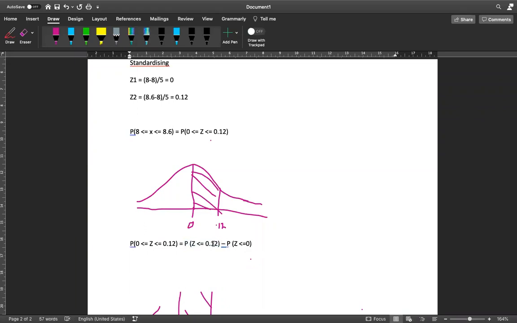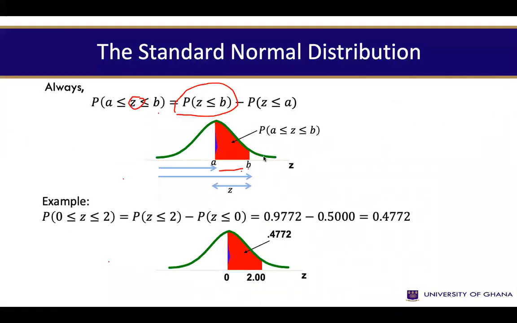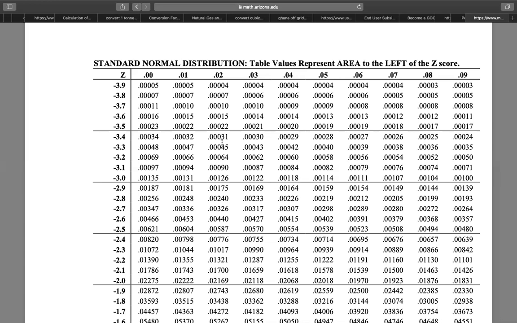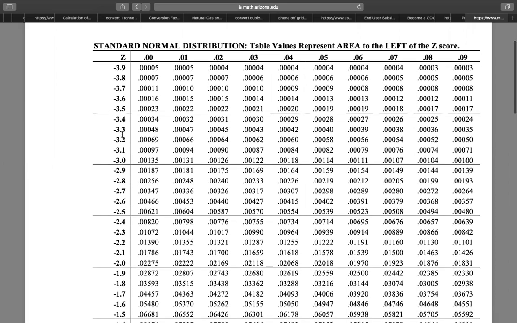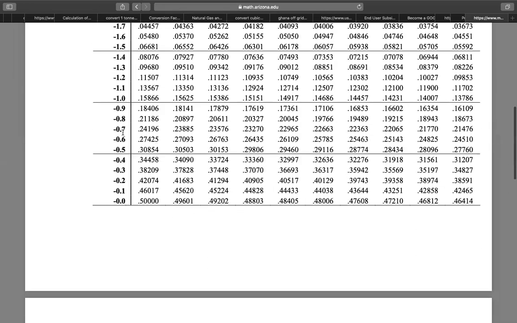So you have to read these two items from the table: the probability that Z is less than or equal to 0.12 and the probability that Z is less than or equal to 0. Now, this is where all of you pay attention. Maureen, you can still be online, don't mute yet. This is how the standard normal distribution table looks. To the top, you see values corrected to 2 decimal places, and down the sides, values corrected to only 1 decimal place.